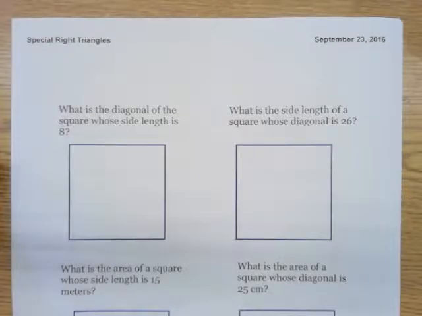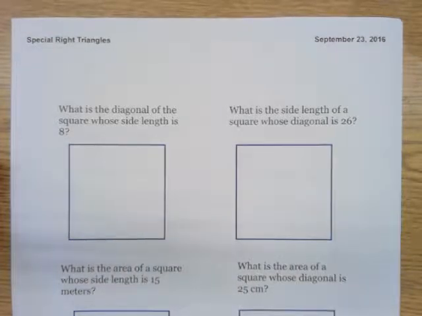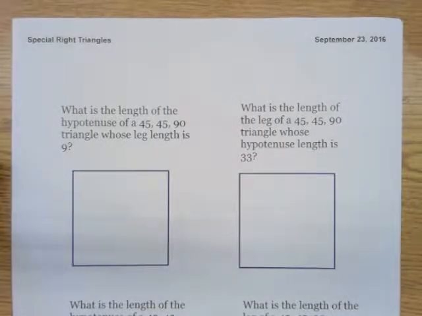So we're going to spend a few minutes just going over what we did for the last couple of days about special right triangles. We used our squares in order to use the Pythagorean theorem to come up with a conjecture for a 45-45-90 right triangle.